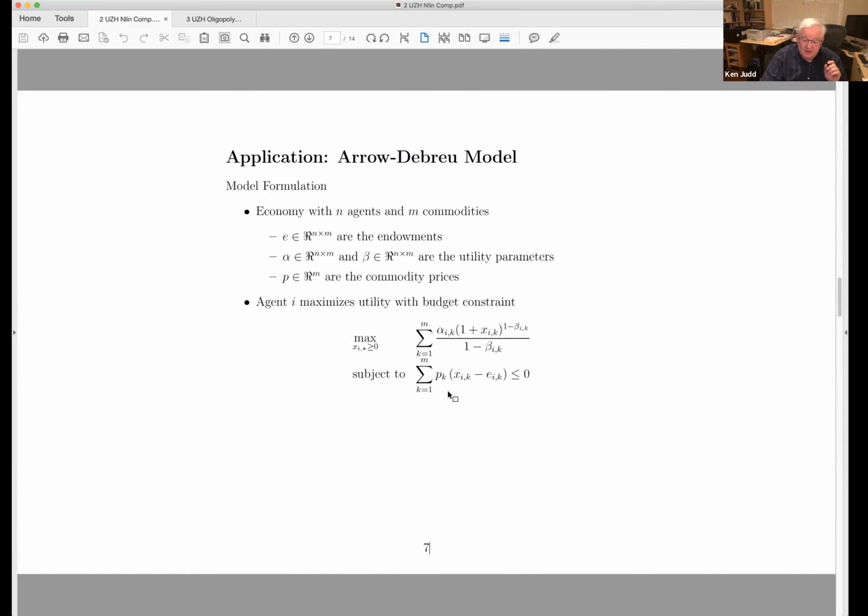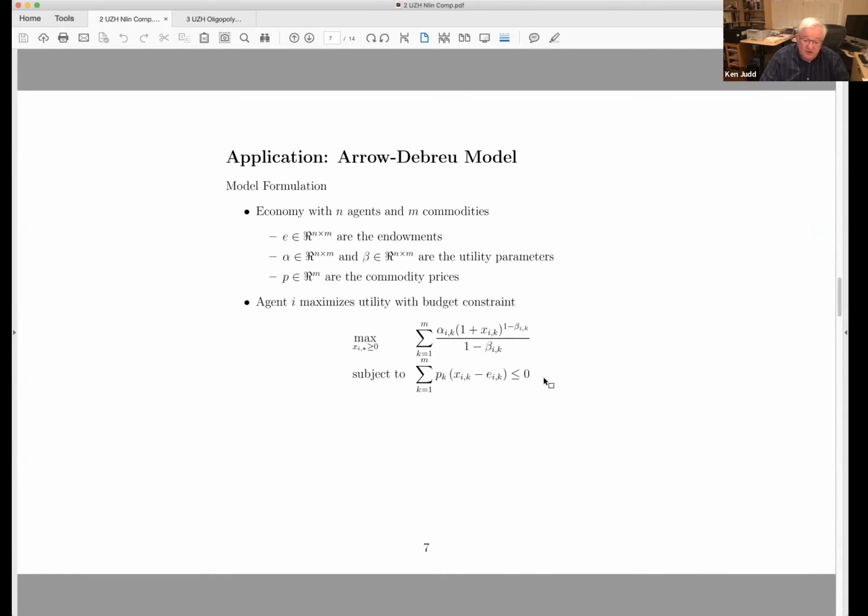Oh no, sorry. Yes, this is for a person i who wants to maximize his utility, subject to the constraint that the amount of money he spends is less than or equal to the value of his endowment. So this is an inequality constraint.